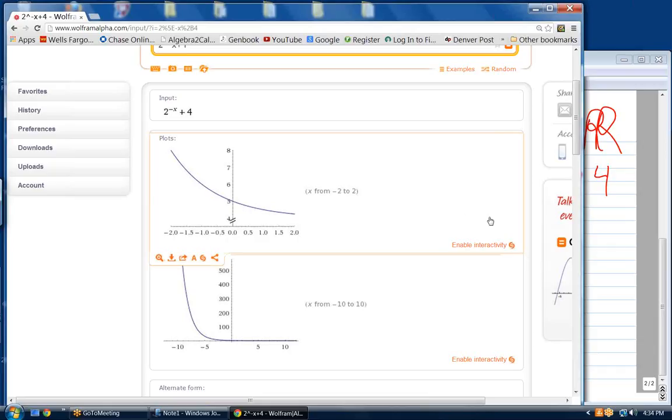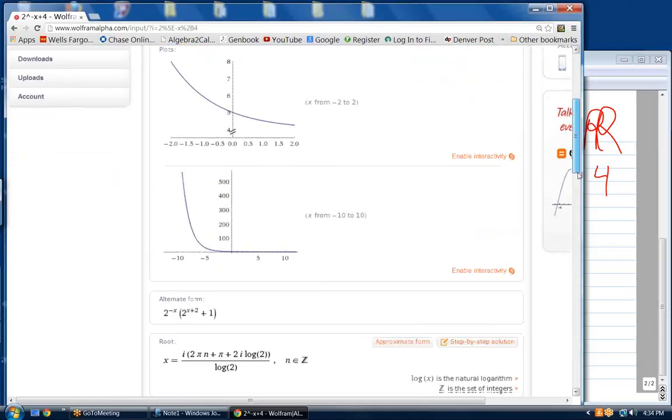As x goes to infinity, this thing will just keep getting lower and lower, but it'll always stay above 4. So from this graph, I can read domain. Domain is negative infinity to positive infinity, right? I don't see any place where I can't make x. You always assume that these extend forever in that direction. But if I'm looking at range, I can see y has to be bigger than 4, always.